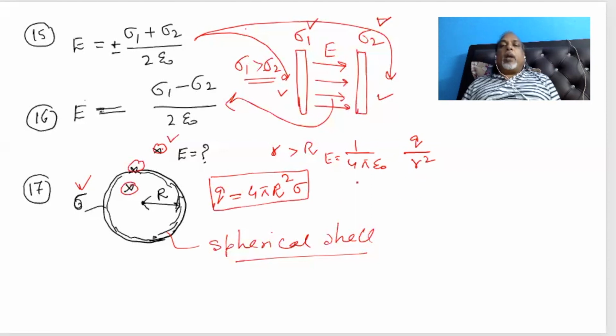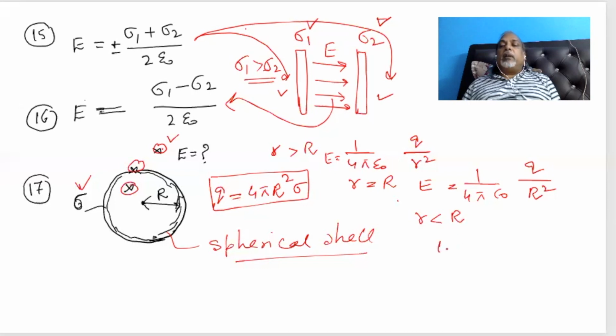And if r is equal to R, then E is 1 by 4 pi epsilon 0 Q upon R square. Any problem? And if r is less than R, meaning the point is inside the spherical shell, then the electric field is 0. We have already studied that inside the spherical shell the electric field remains 0.